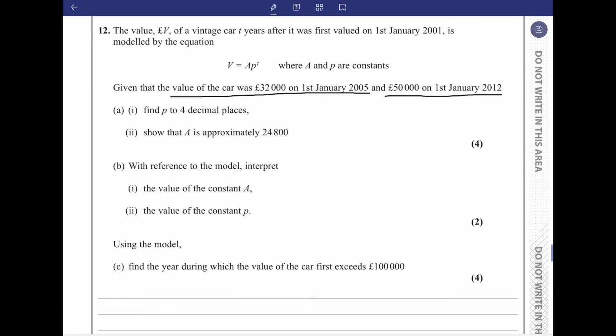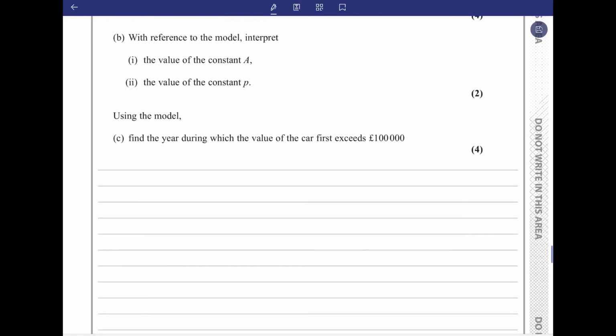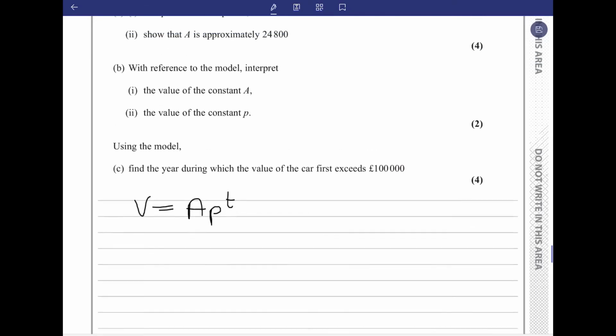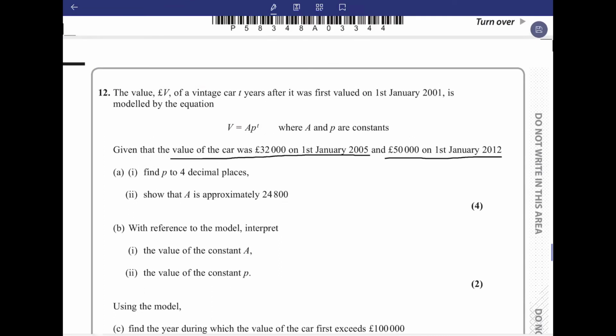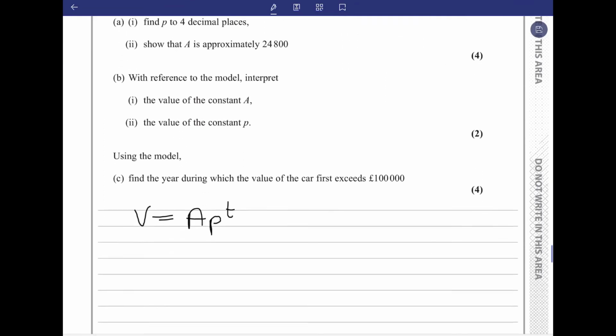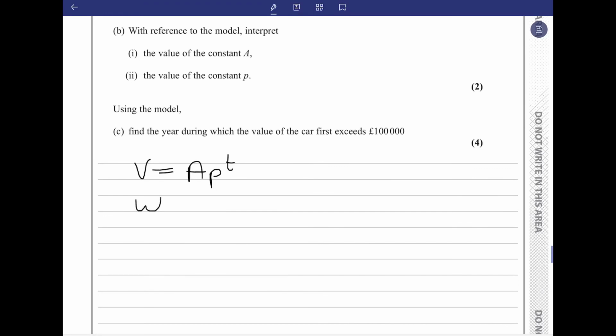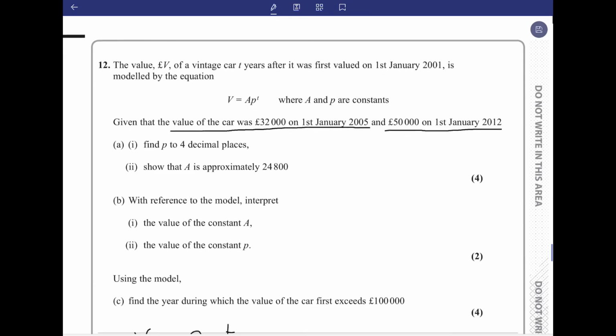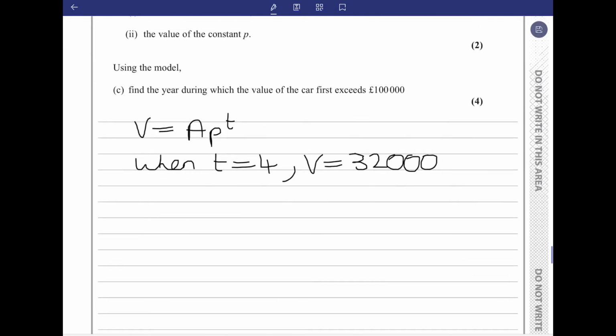So let's go ahead and do this. So we have our equation V equals A P to the T. We also have that when T equals 4, V equals 32,000. And we also have when T equals 11, V equals 50,000.